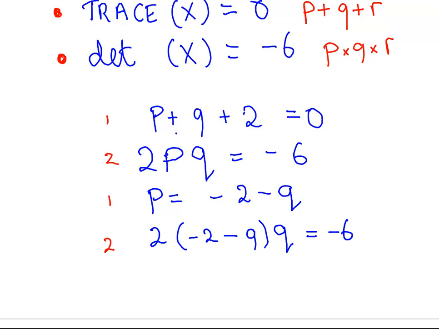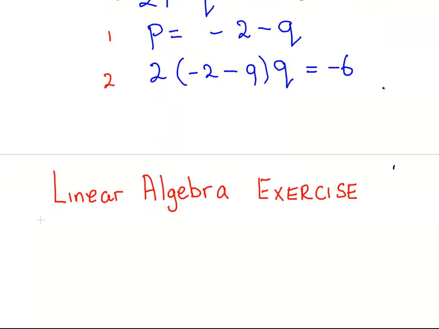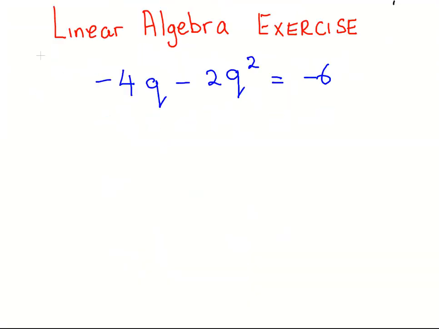So let's work that out. Minus 4q minus 2q squared is equal to minus 6. I'm just going to rearrange this and simplify it. I'm going to divide everything by 2 and negate it.